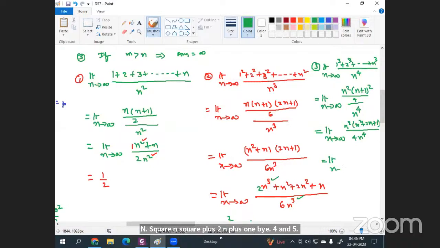Multiplying this one, n power 4 plus 2n cube plus n square by 4n power 4, that equals 1 by 4. Again, degree of the numerator and degree of the denominator are both equal. Then its coefficient we can take as 1 by 4.